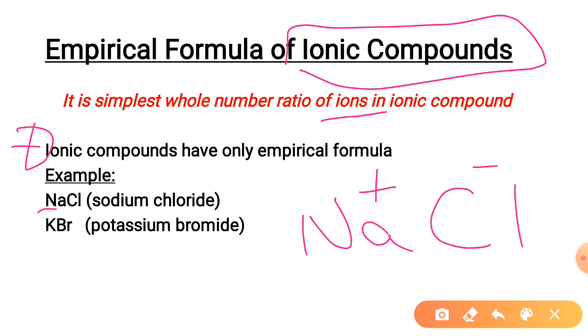And the next one is potassium bromide. Again, the first is positively charged and the next is negatively charged, and potassium is surrounded by bromide, and each bromide by positive ions. We are not talking about how many ions surround each, but its simplest formula, which is KBr, potassium bromide.